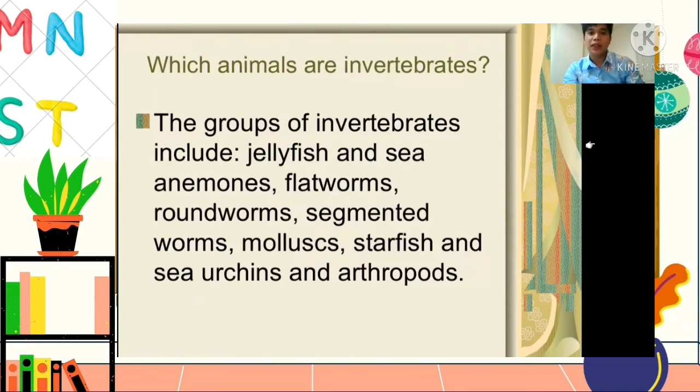Which animals are invertebrates? The groups of invertebrates include jellyfish and sea anemones, flatworms, roundworms, segmented worms, molluscs, starfish and sea urchins, and arthropods.